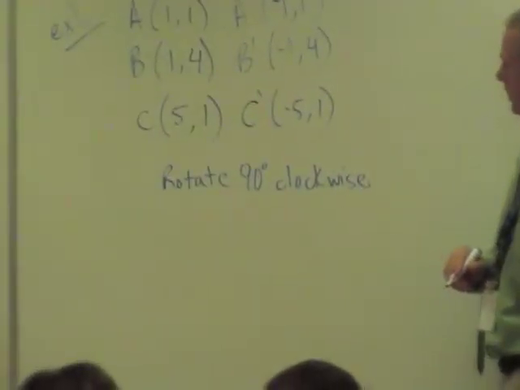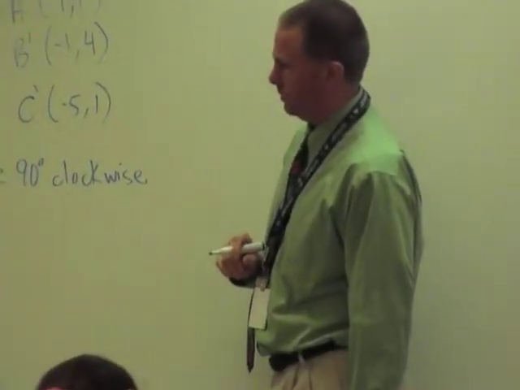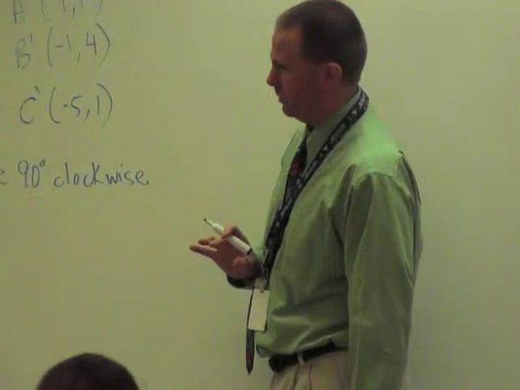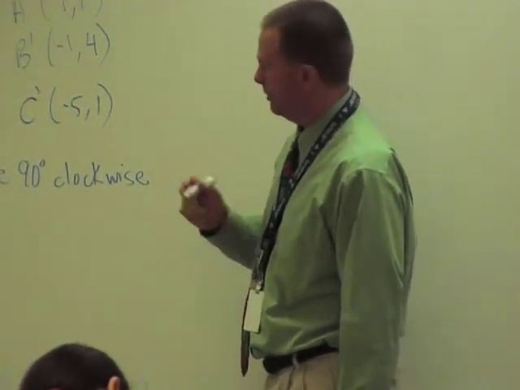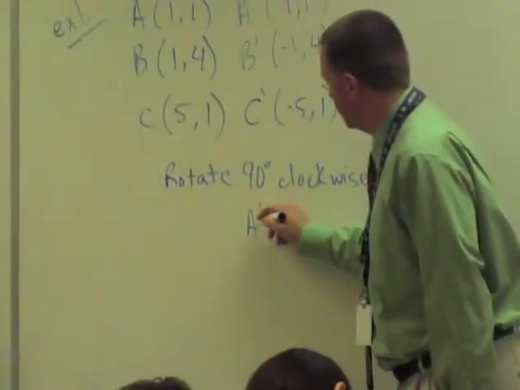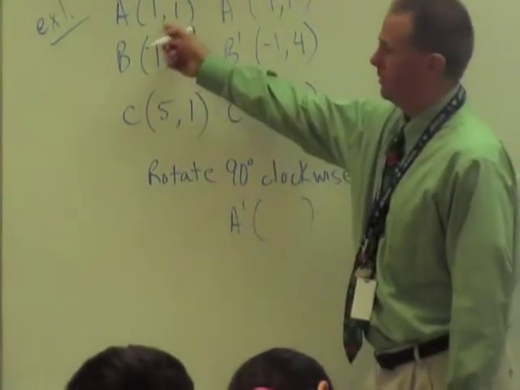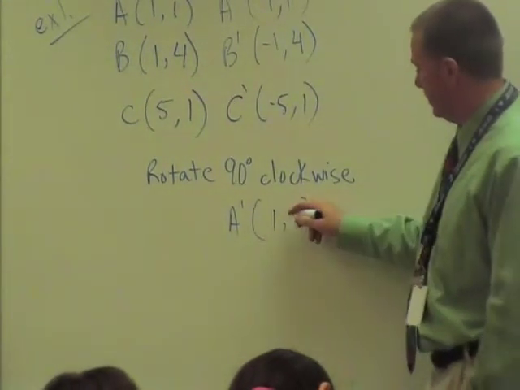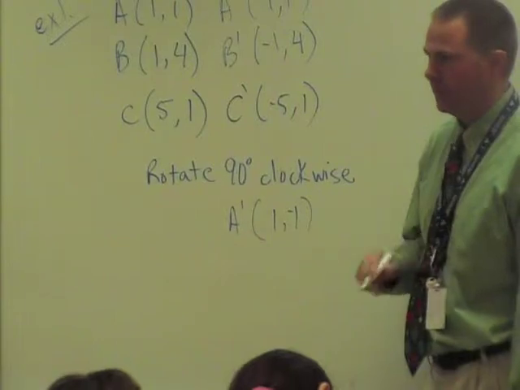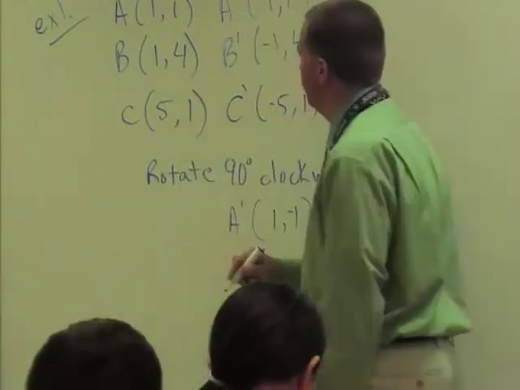What happens first? They go from being x and y to y and x, and then change the x to its opposite. So A prime here is going to be what? You switch them, and then it is negative. There you go.